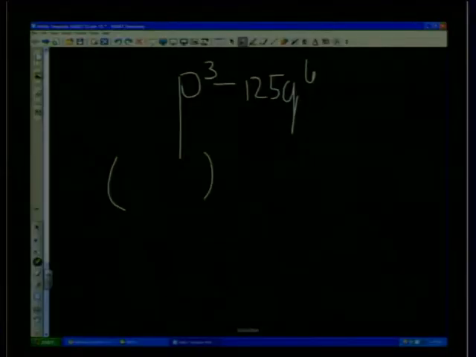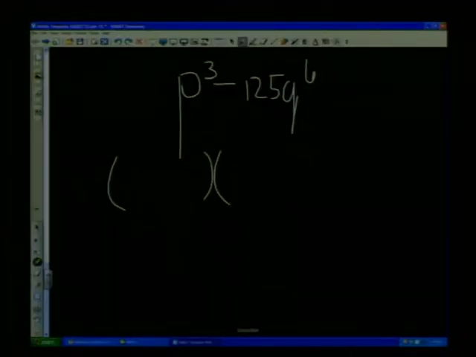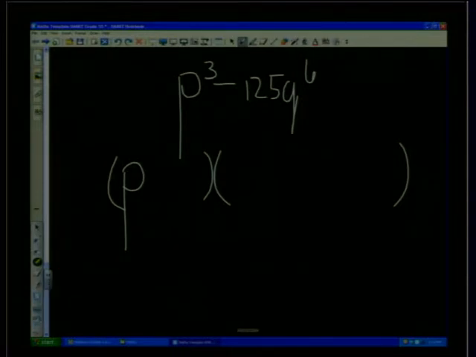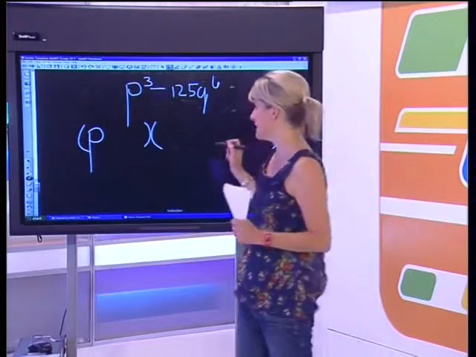We're starting off with our small bracket, and then we're moving on to our bigger bracket. And the first question that I ask myself is, what is the cube root of p to the power 3? And of course, that is p, right? Then I ask myself, what is the cube root of 125 q to the power 6?